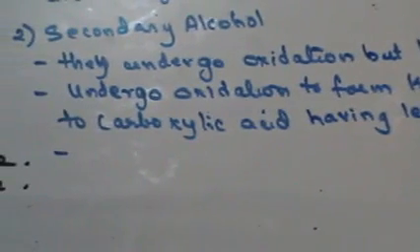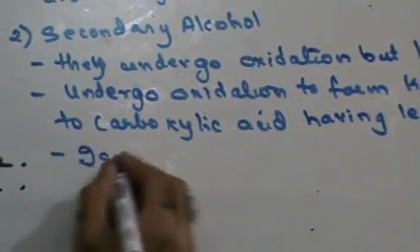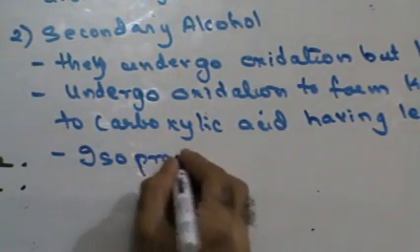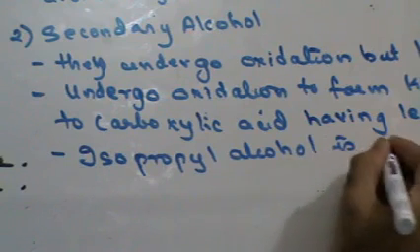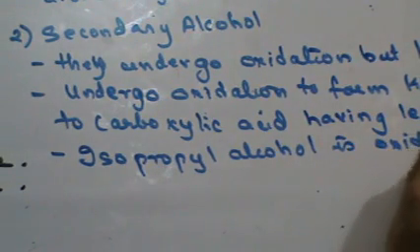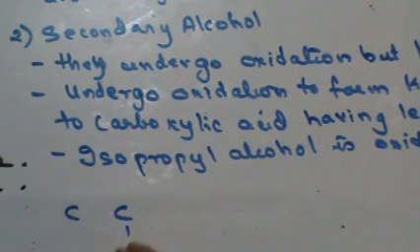What happens when isopropyl alcohol is oxidized? Isopropyl alcohol is oxidized, right? Propyl, 3 carbon atoms. Iso, 1 carbon atom has to be in the branch.